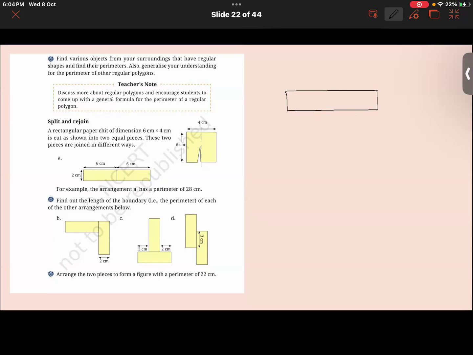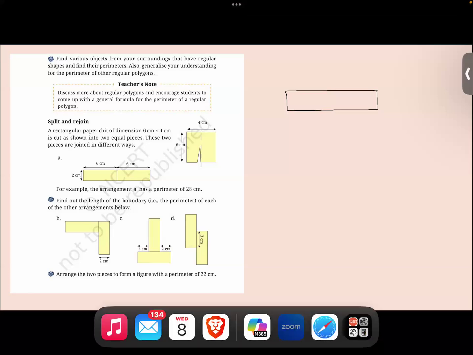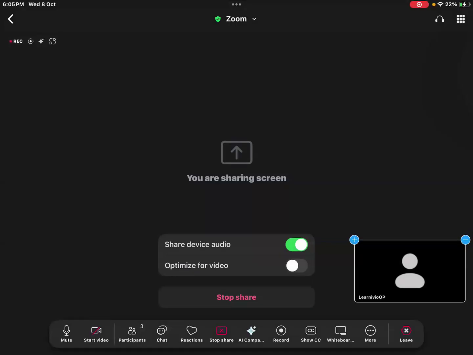Like, how am I going to look like? Have you done the construction? Yeah. Okay. Can you show it to me? Okay, bring it close to the camera so I can look at how you have constructed it.